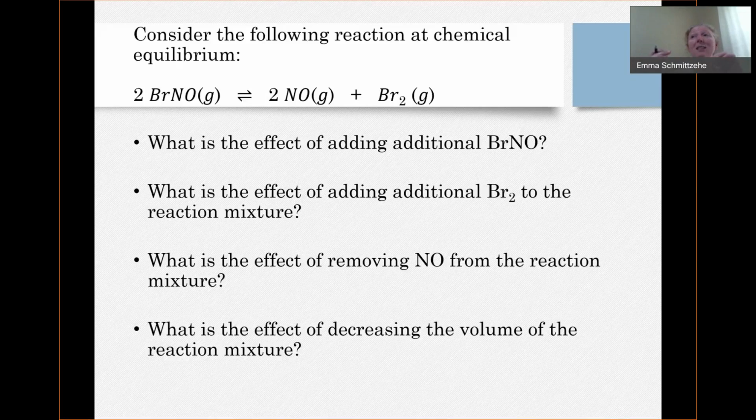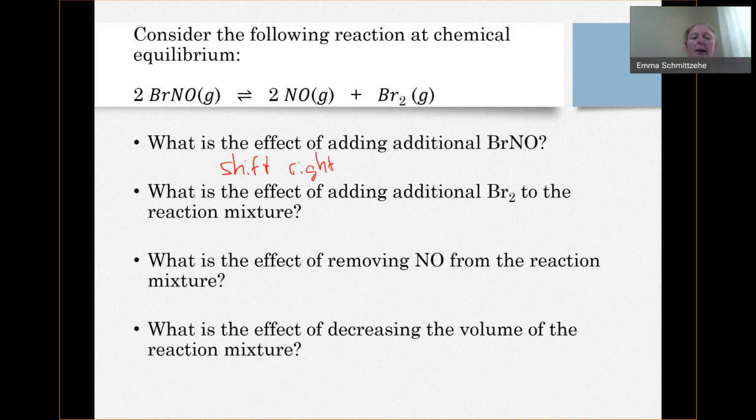Okay, so if I add some, now the reactant part of my ratio is too large. And so I need to take some of that away and give some to the product part to re-achieve my K ratio. Okay, so this is going to cause the reaction to shift. Usually I'd just say shift right. Okay, or shift towards products.